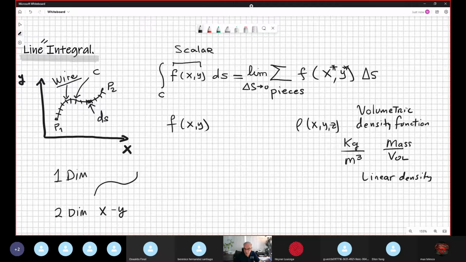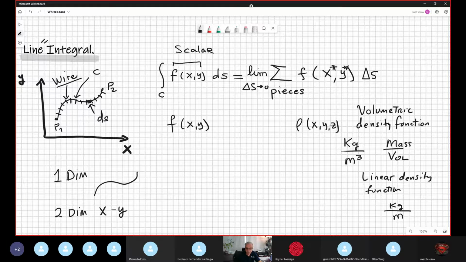So what is the interpretation of this? Well, it's kilogram again, a mass, but divided by linear meter. That is, suppose a cable or a wire that has 3 kilograms per meter. It's another way to see it, right?